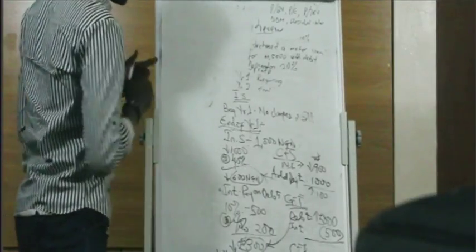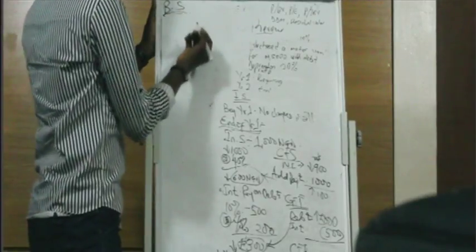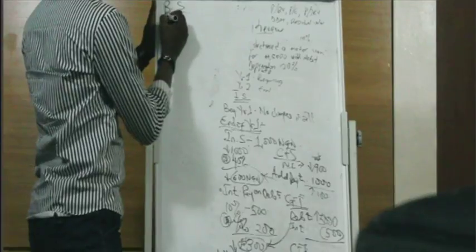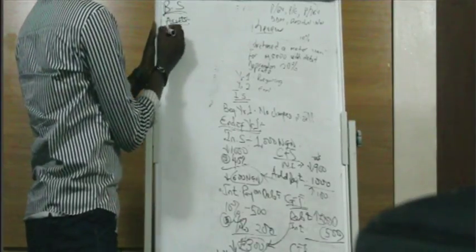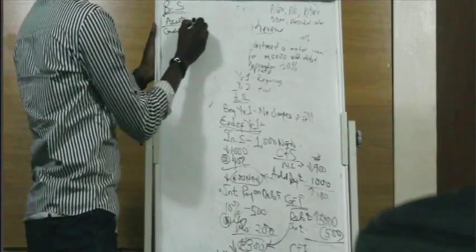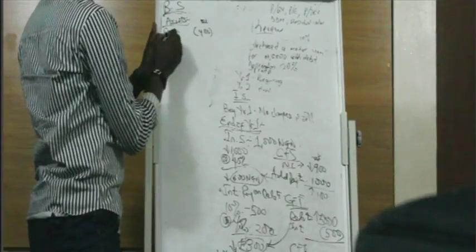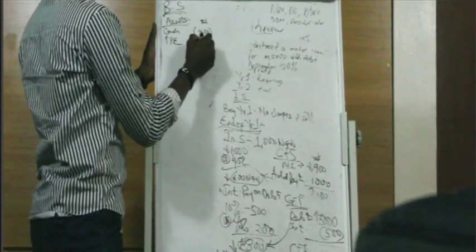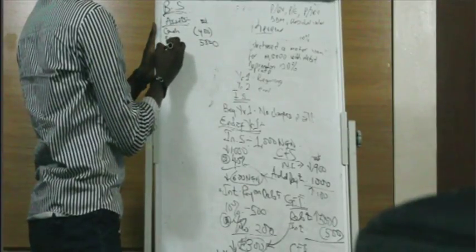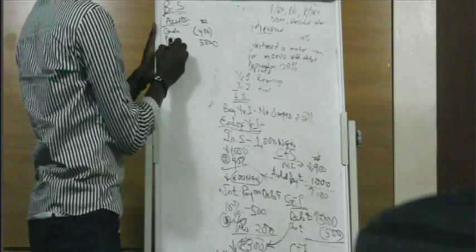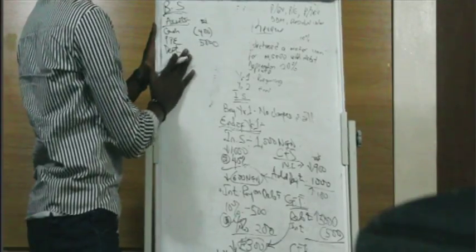So for the balance sheet, let's start from assets. Your assets, you have the cash, of course, down 400, and you have PPE of 5,000.